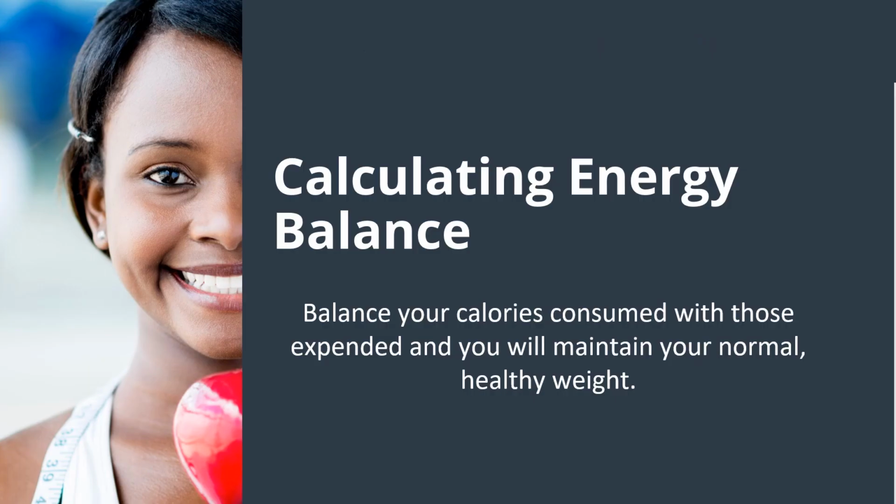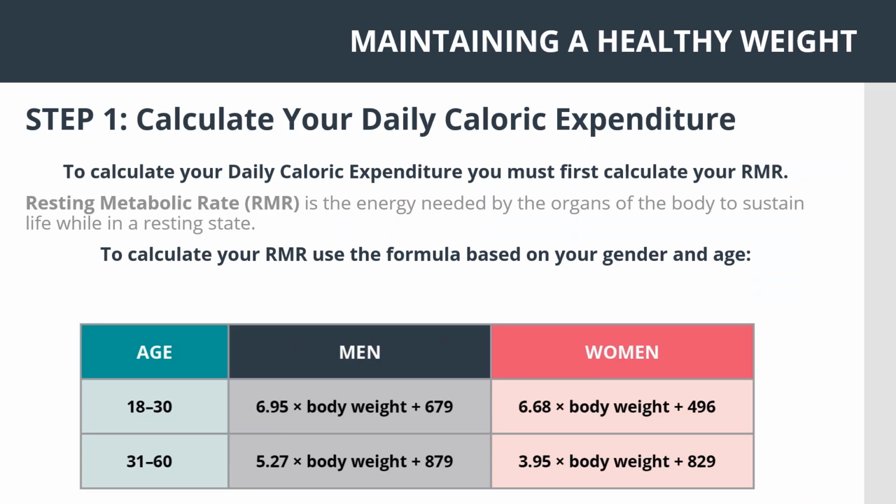We can look at how much energy we need to be consuming in calories through some simple calculations if you choose to. You can determine your approximate resting metabolic rate, or basal metabolic rate, by using a calculation which is going to consider your age, your sex, and your body weight.